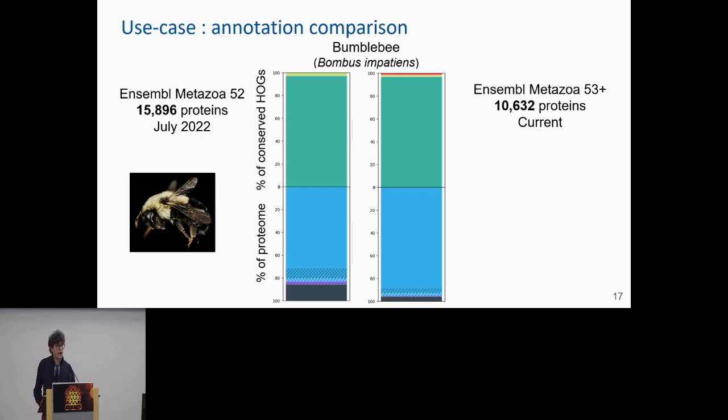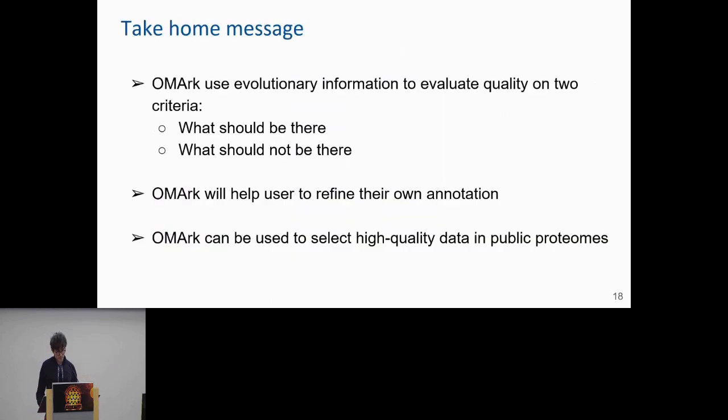When we look at the most recent annotations, which have been worked on more, there are far fewer protein coding genes, but the completeness detected by OMArk did not drop a lot, even though we removed 5,000 genes. And in terms of consistency, it is much better. That's an example I like because it shows a case for also considering consistency when evaluating public data.